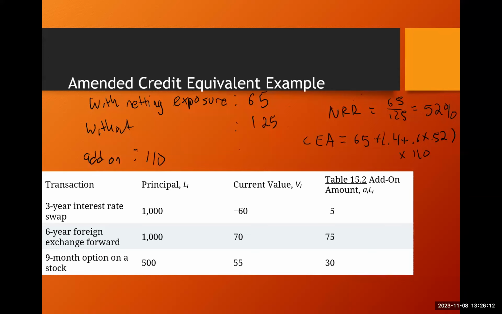So these are the credit equivalent amounts. You would then take that credit equivalent amount and multiply by 8% to get your capital.